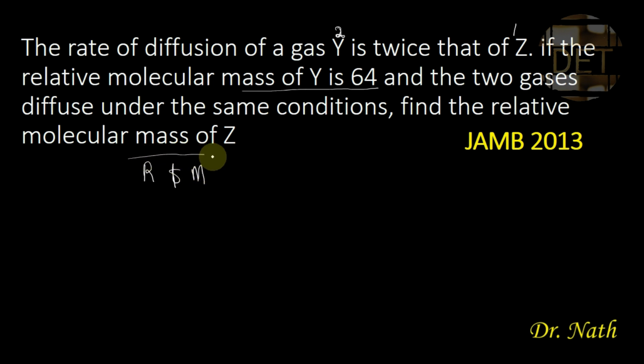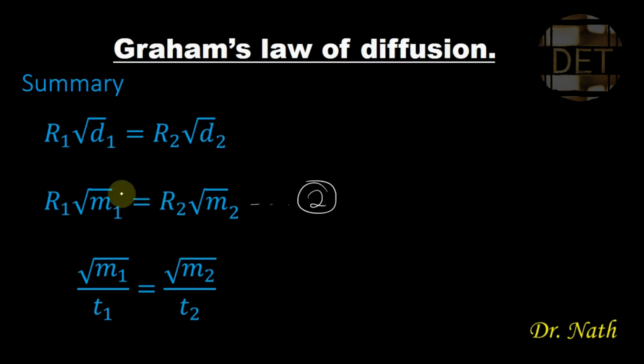So what we'll do is to apply the equation that pertains to relative molecular mass and the rate of diffusion of a gas. And the equation that has that is the equation 2 of Graham's law of diffusion.